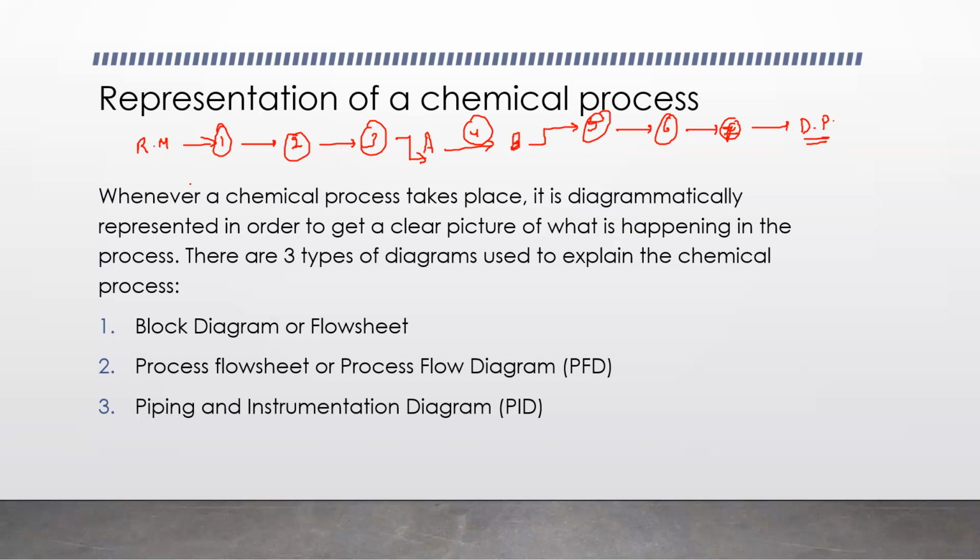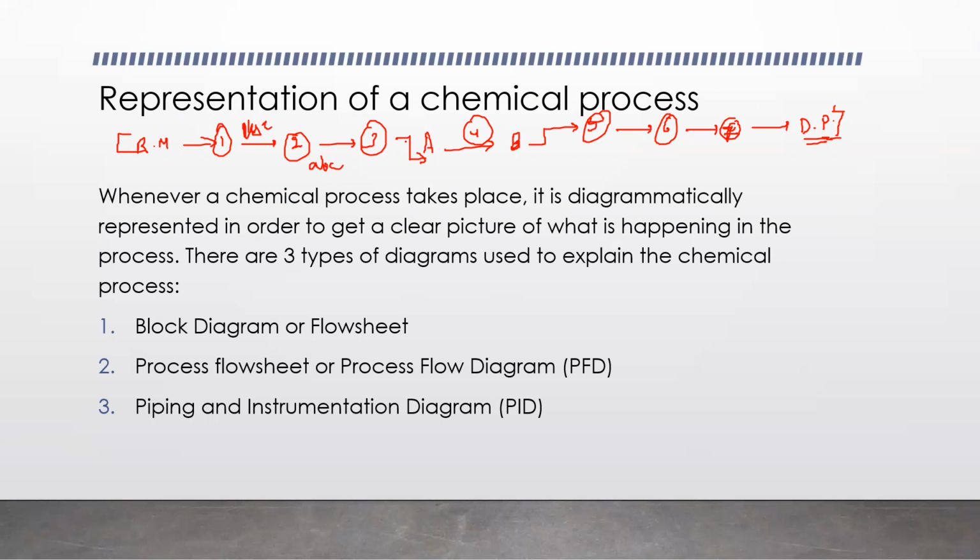Now, how to represent all these things I'm doing: step 1, step 2, step 3, step 4? Because we cannot simply write it down in a chemical process industry that first we are going to perform step number 1, from step number 1 we are going to get, suppose, XYZ, then we put it in step number 2, from there we'll get ABC, then we put it into step number 3 and so on.